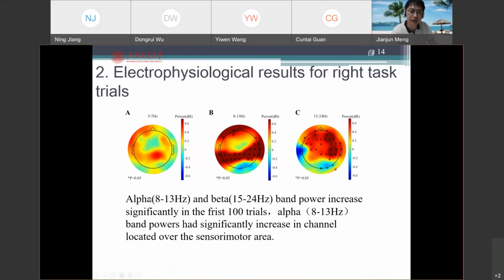We didn't find any significant change in the theta band power, but we found the alpha band power in channels located over the sensorimotor area has significantly increased, and on the contrary, the beta band power over the frontal area increased most, and also increased in the sensorimotor area. This was roughly consistent with the previous results. So the alpha band power increase.